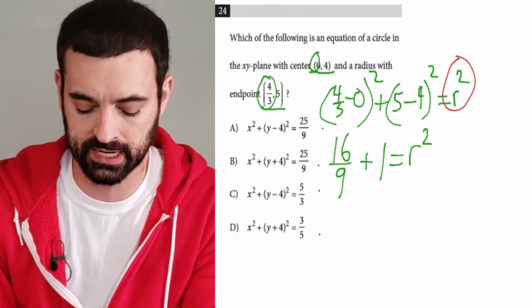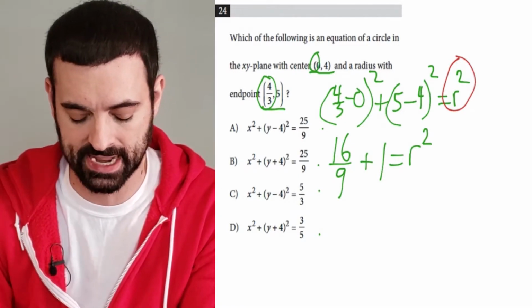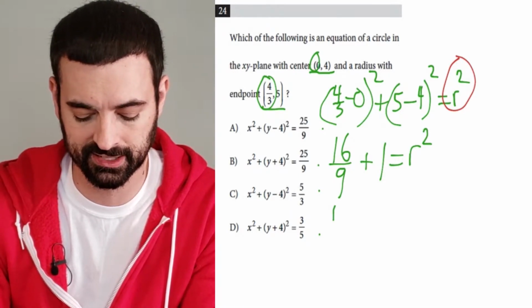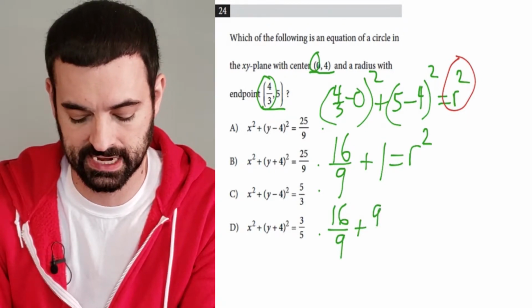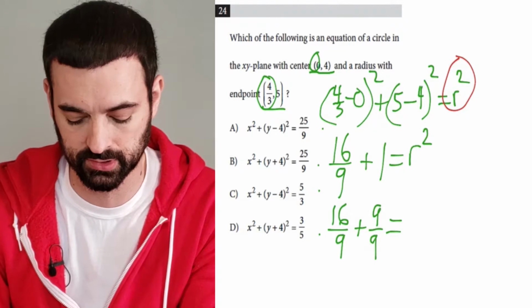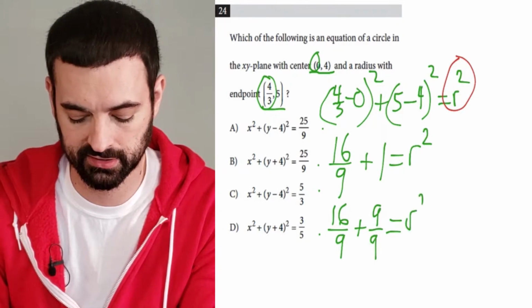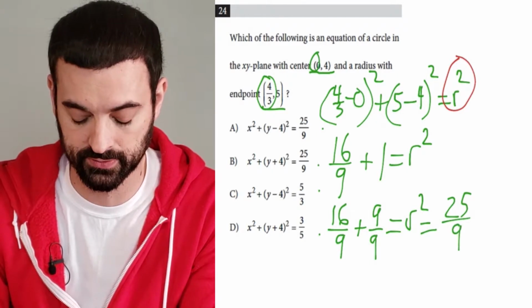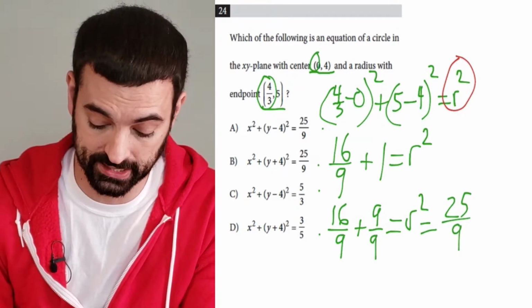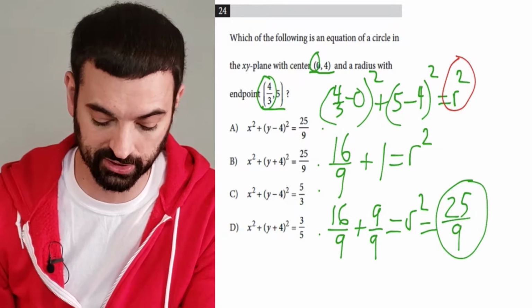I'm going to give these a common denominator so that I have 16 over 9 plus 9 over 9 equals r squared. And when I simplify, I'm going to get 25 over 9. That's my radius squared.